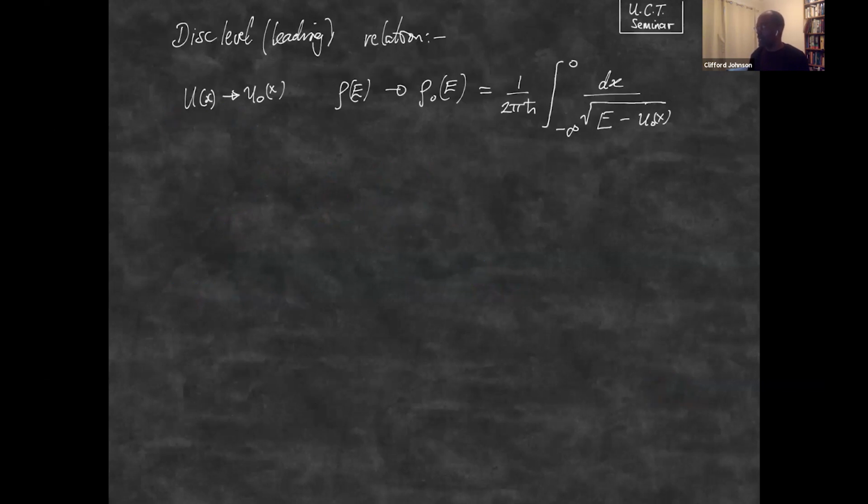Let me digress a little bit to give you a hopefully helpful picture about how to work with some of these quantities. At leading order, the potential, whatever it is in general, there's some function of X, U, and at leading order there's some simpler function, which I'll call U naught of X, which is the thing that just tells you about the disk level.